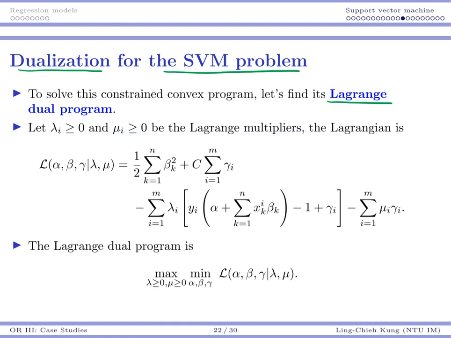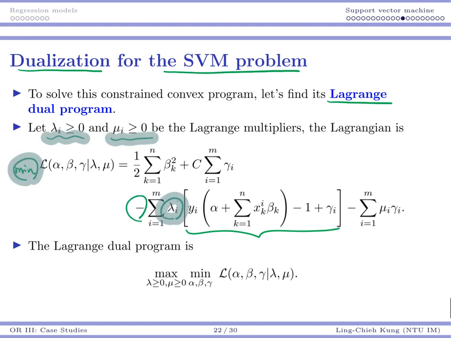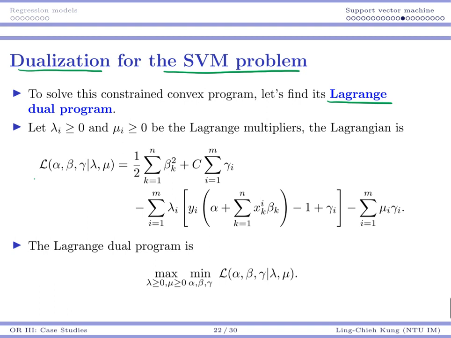To recall, this is a minimization problem, so we want to make sure that lambda and mu are non-negative, so that whenever you have a feasible term here, your lambda is rewarding your feasibility. So that's the Lagrangian.